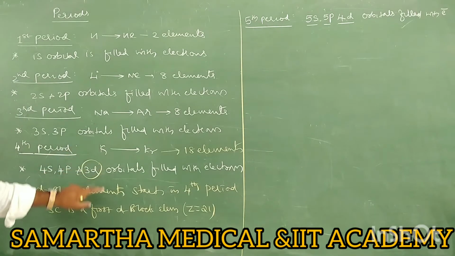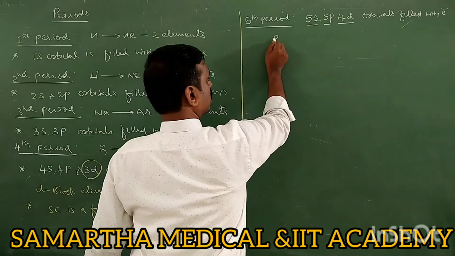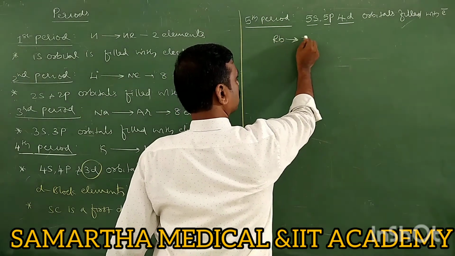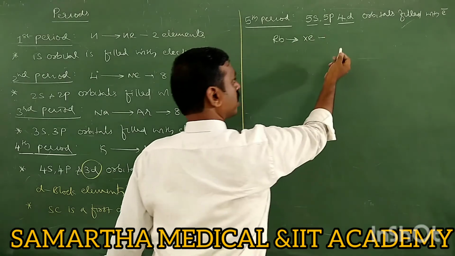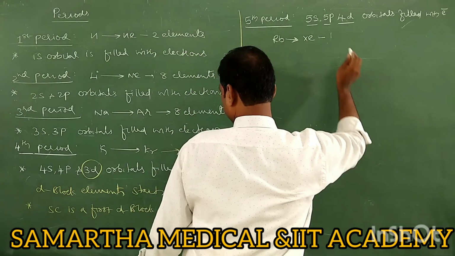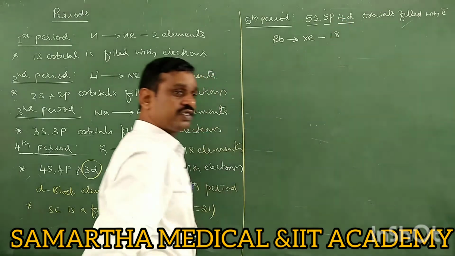Lithium, sodium, potassium, rubidium. It starts with rubidium and ends with xenon. Total how many elements? It is also 18 elements.